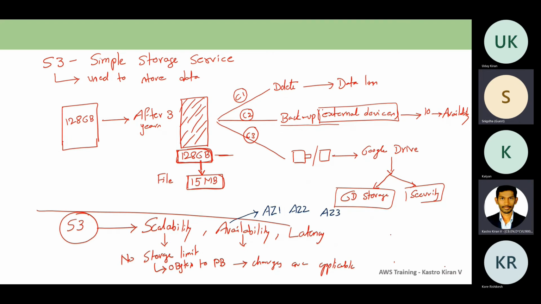I was also saying that data loss will not happen here, whereas in external devices it can. Now I need to give proof of how data loss is not going to happen. The reason is, as I said, availability zones have data centers, and data centers have the servers.